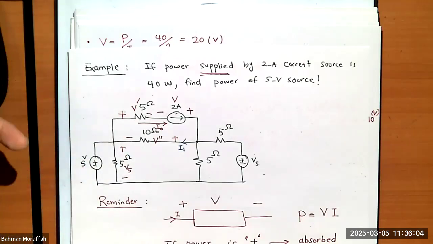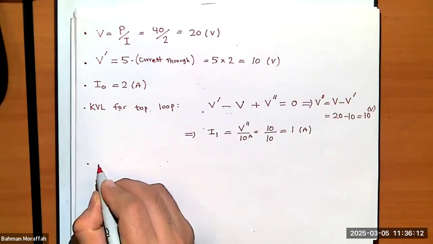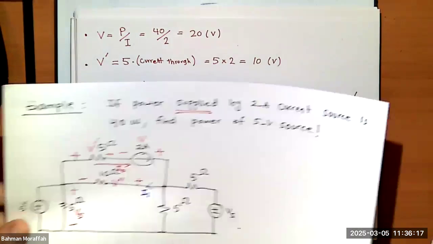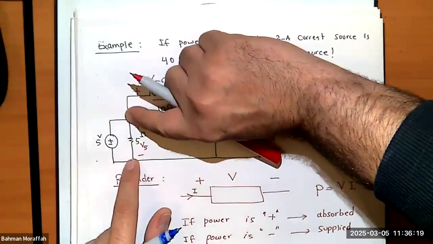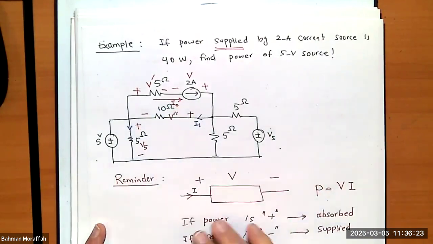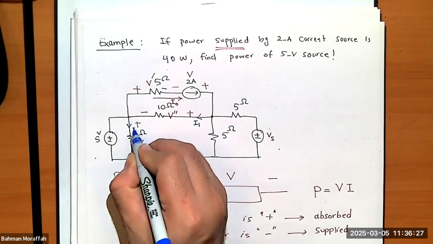V5 minus 5 must be 0, therefore V5 is 5. Right? So we know V5 is 5 volts. As soon as I know voltage across this 5 ohms resistance, do you agree I know this current? Let's just call it I2.